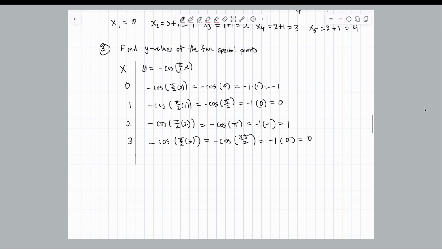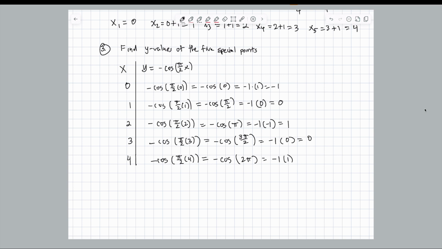And our last x value would be 4. So negative cosine of pi over 2 times 4, which is 4 pi over 2, which simplifies to 2 pi. So that gives us negative cosine of 2 pi. Cosine of 2 pi is 1.